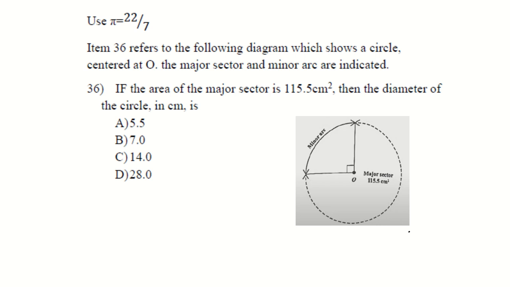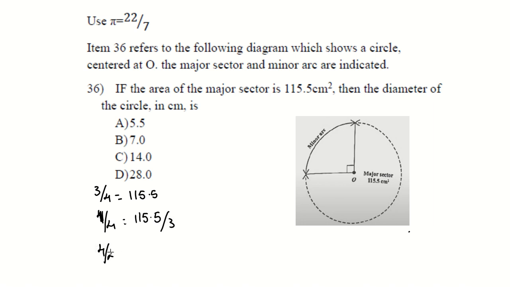We have decimals and stuff. So what we're going to do is say that if 3/4 is equal to 115.5, then 1/4 would be 115.5 over 3.